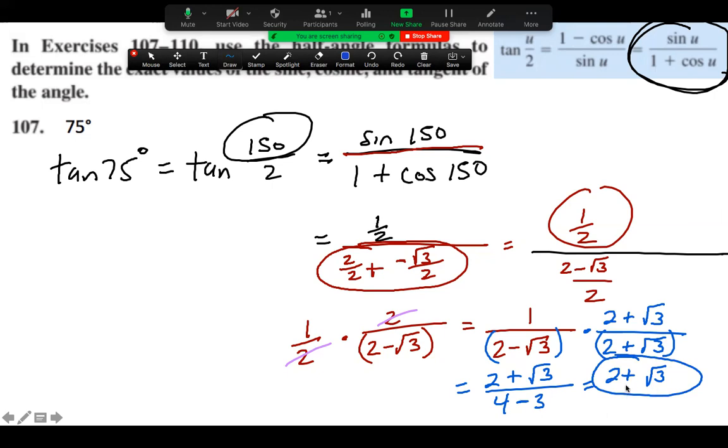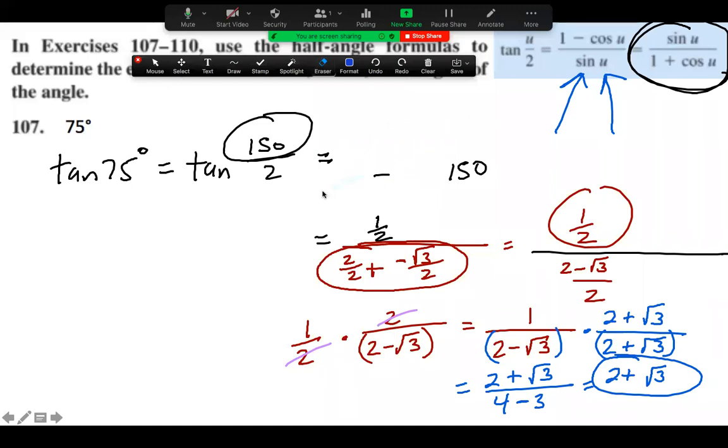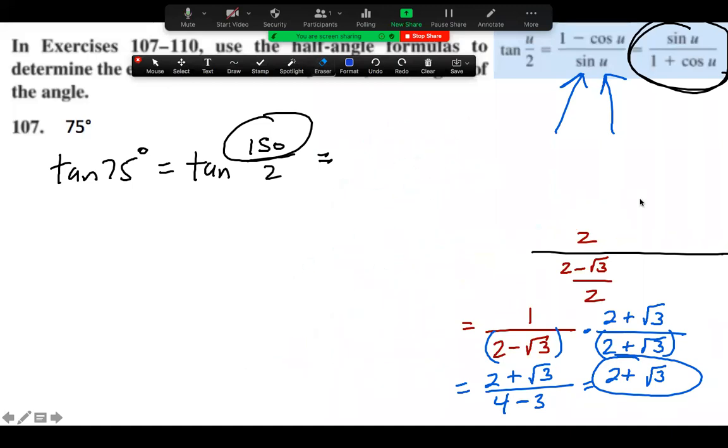Okay, in hindsight, if I would have used this variant, it would have been a little bit better because I wouldn't have had a radical in the denominator. In fact, if I've come this far, I can show you guys what I'm talking about. So I'm going to erase, and I'll show you what would have happened if I would have used the other variant of the formula.